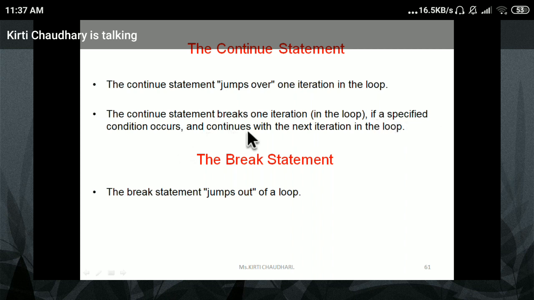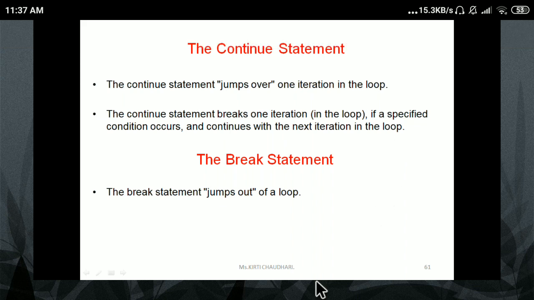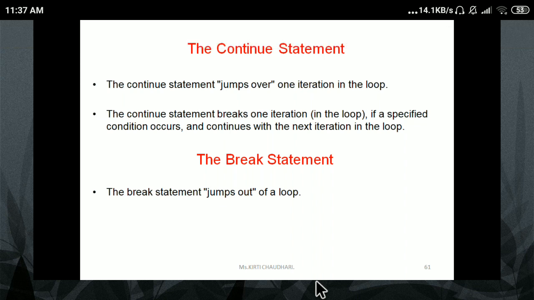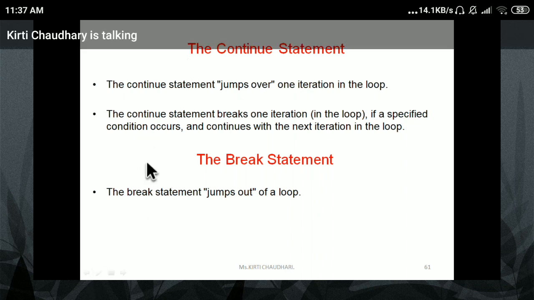If the condition is true, the continue will go to the next iteration in the loop. One sec, I want to say something. Okay. And break statement: break statement jumps out of the loop.